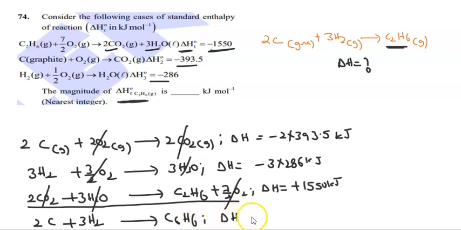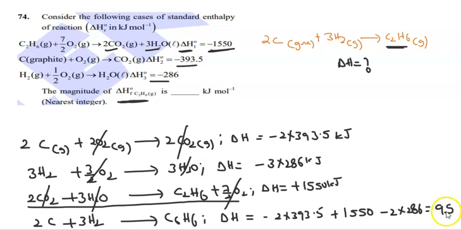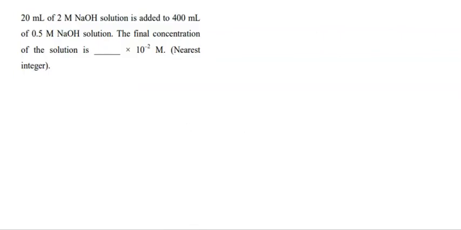The value of delta H is equal to minus 2 into 393.5 plus 1550 minus 3 into 286. If you solve all these, you get the answer as 95 kilojoule per mole. 95 is the correct answer for the given question.